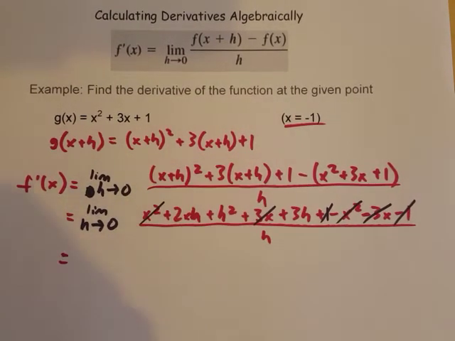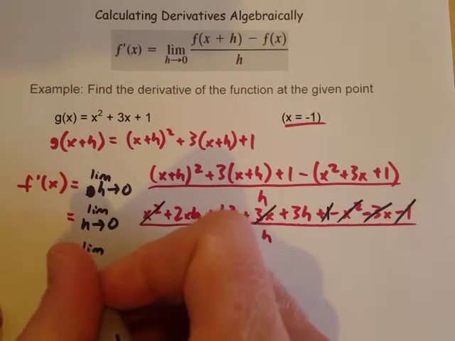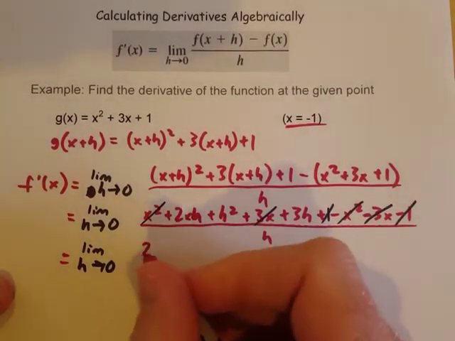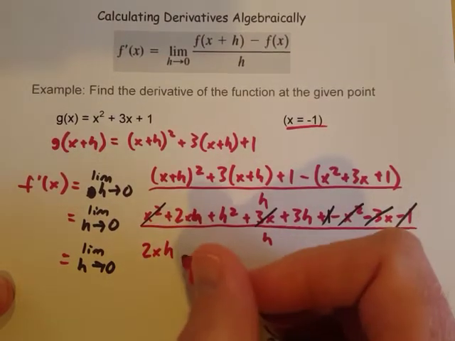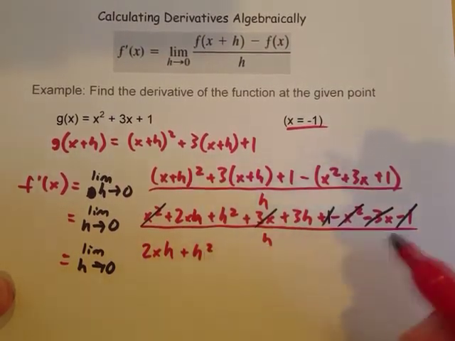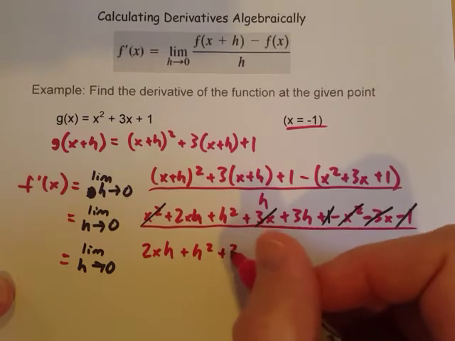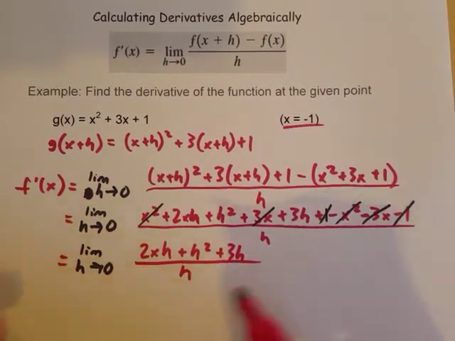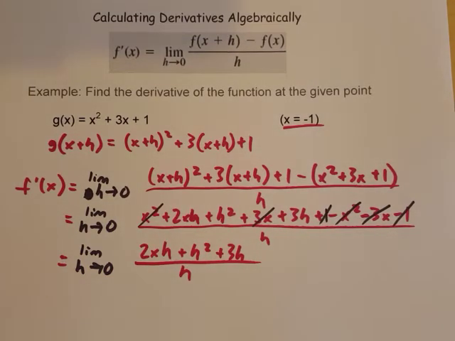Next step, we still need to include that limit statement. Limit as h approaches 0. But what's left on the top here is 2xh plus h squared plus 3h. I think that's all that's left, all that over h. And this next step, the nice thing here is, again, we can divide h out of each one.